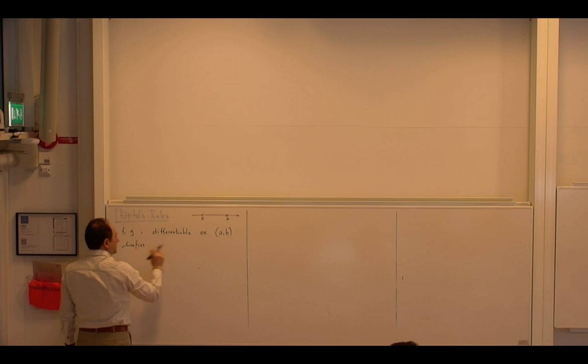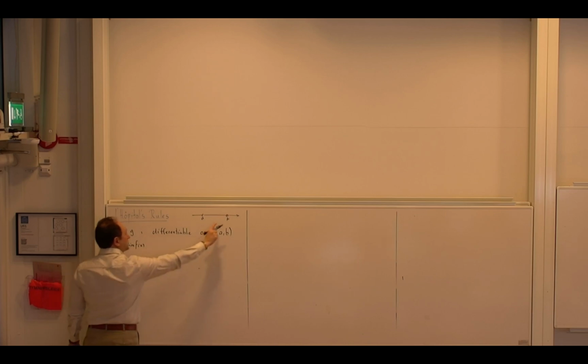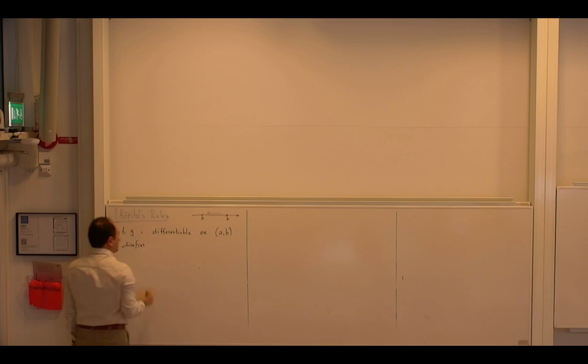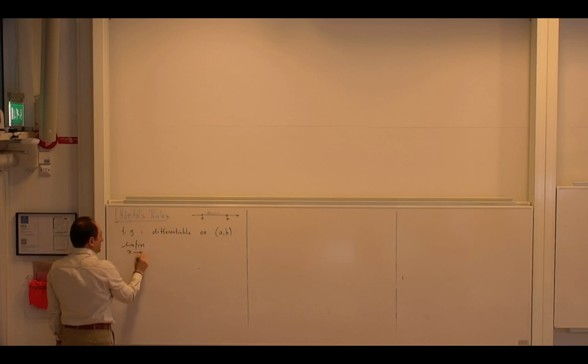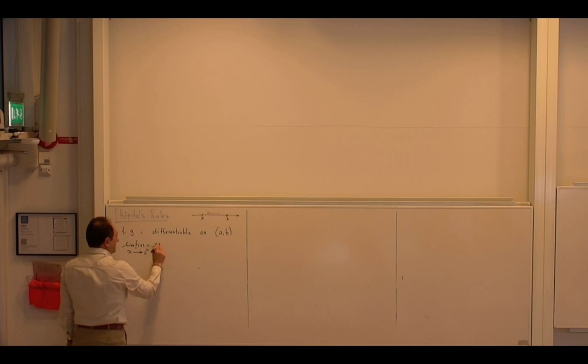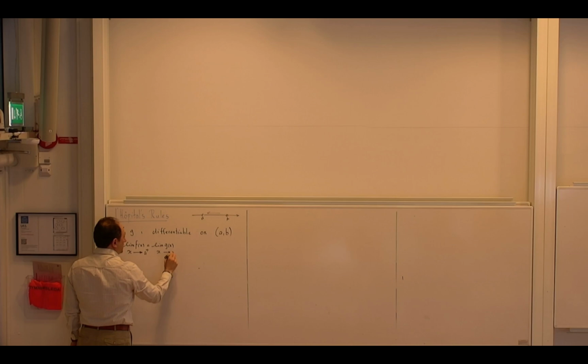And you know something. You know that when x approaches a from the right-hand side within that interval, the limit of f of x, x goes to a plus, is equal to the limit of g of x, x goes to a plus from the right-hand side. Both of them should be 0.